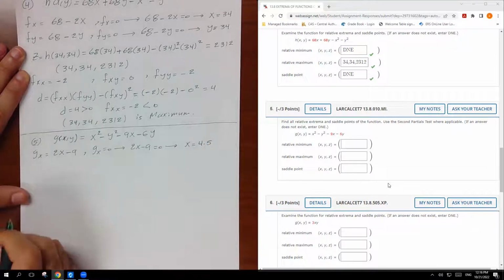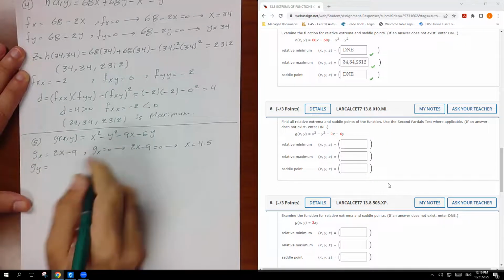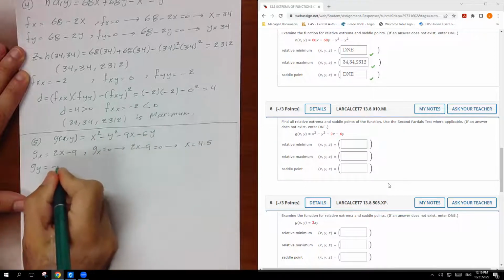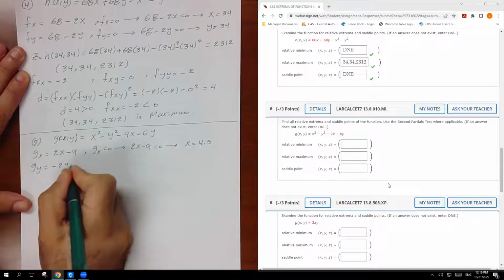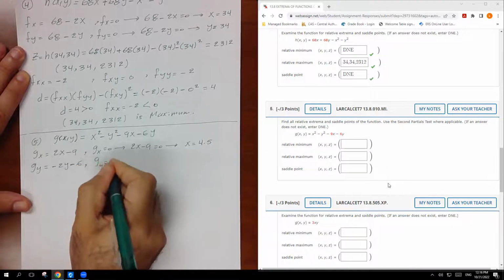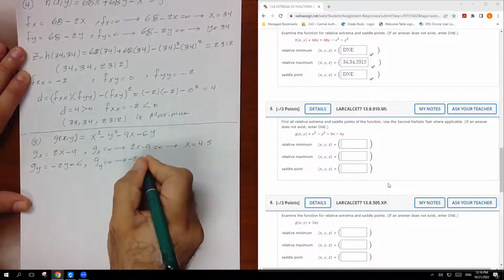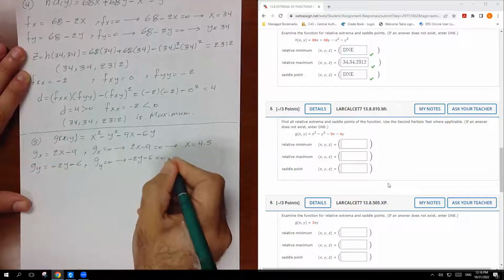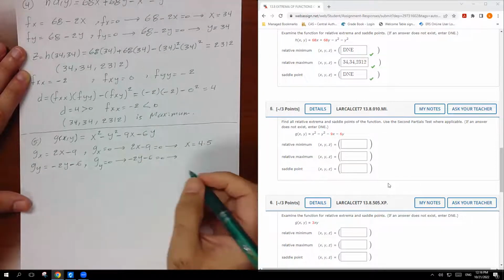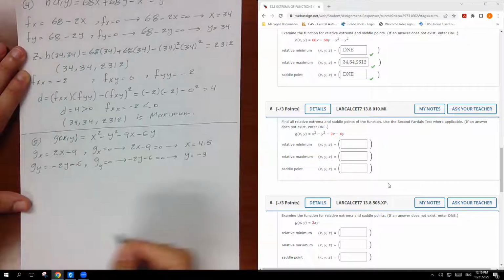So this is the x. g sub y is -2y minus 6. Setting g sub y equal to 0 means -2y minus 6 equals 0, so y is equal to -3. So we have x and y.